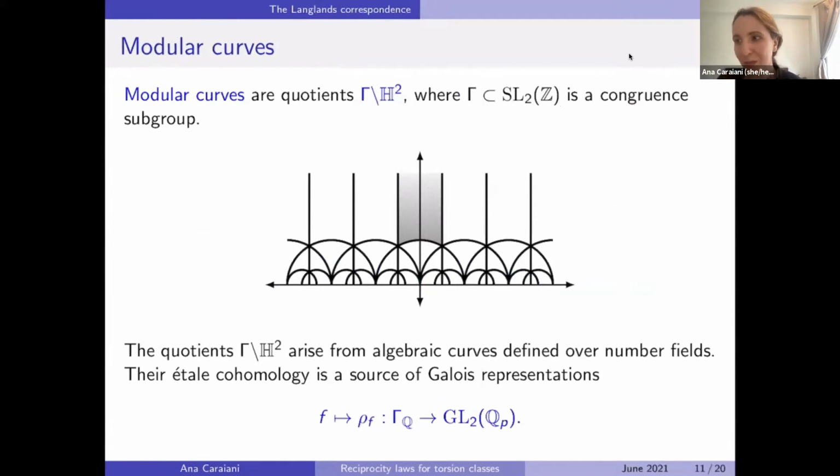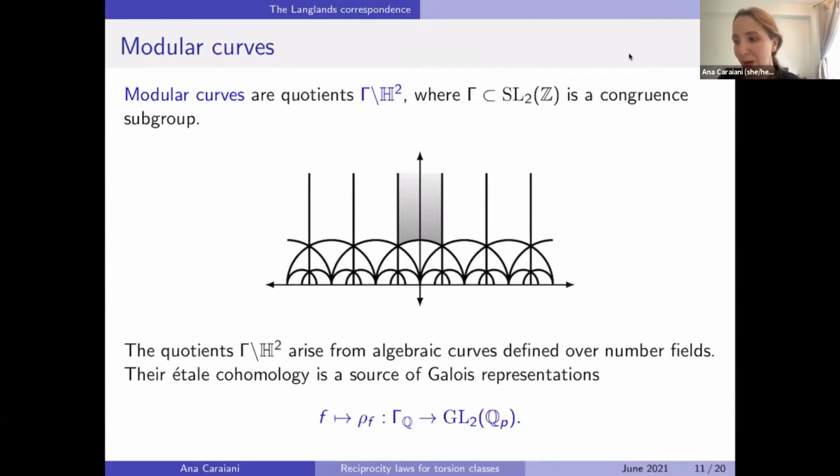Now, modular curves are quotients of the upper half plane by congruence subgroups. So the symmetries are really under the action of the arithmetic group SL2Z or under the action of subgroups inside SL2Z that are cut out by congruence conditions.